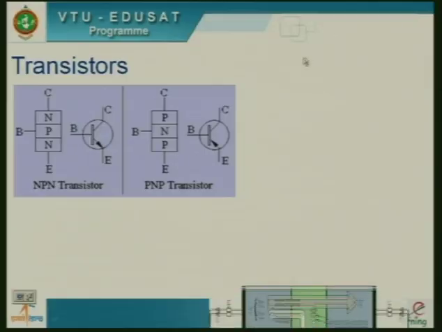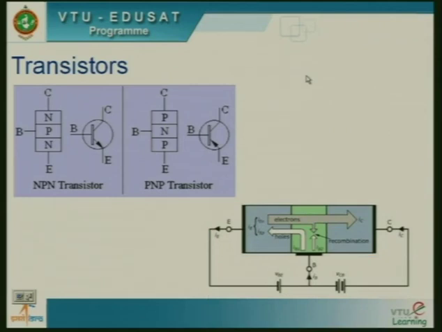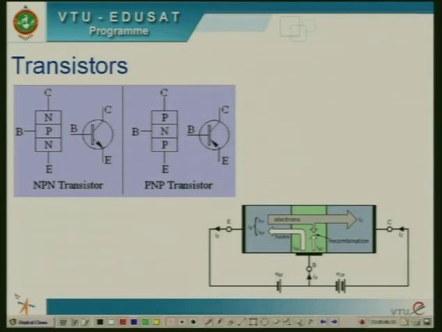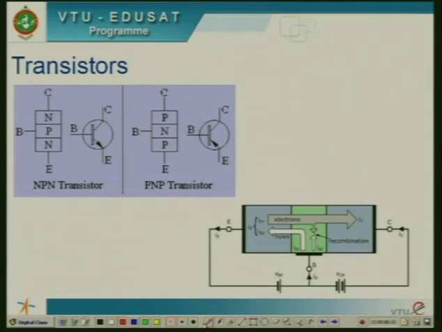Next, let us consider transistors. Transistors were invented by three people in 1947, Bardeen, Brattain and Shockley, who received the Nobel Prize in 1956.